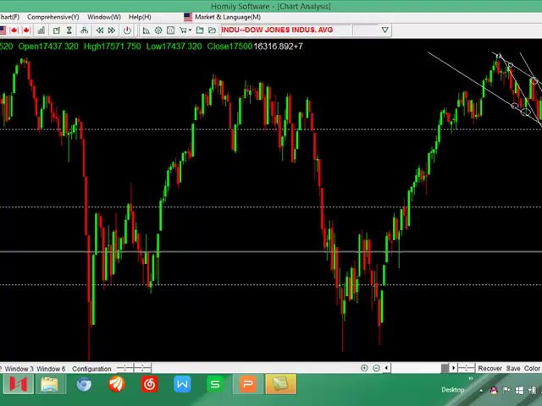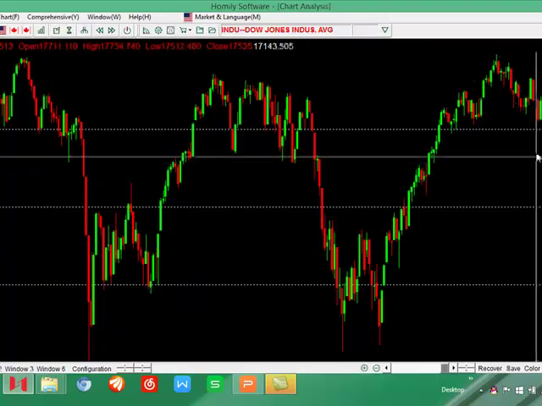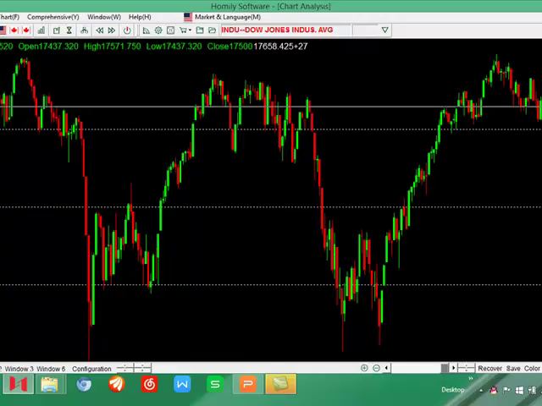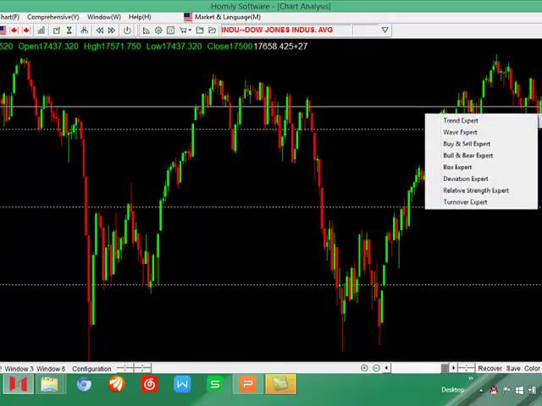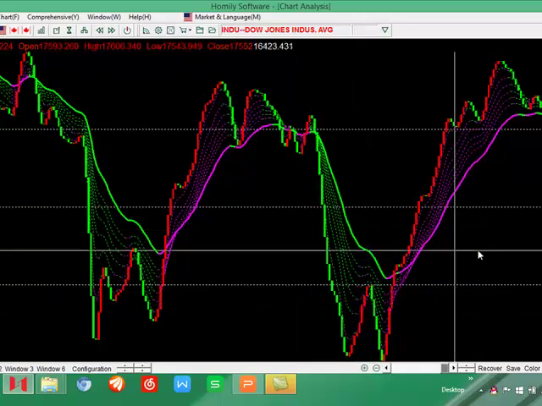And if you don't know how to draw this and think it's too complicated, in our software there is a very useful indicator called Trend Expert. You just click here, and all the candlesticks change.